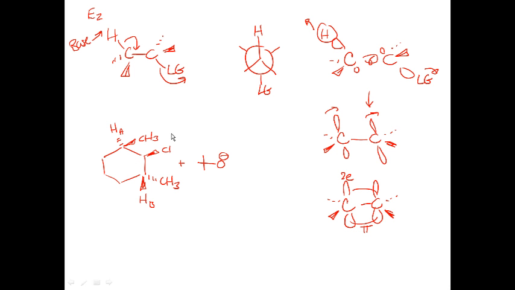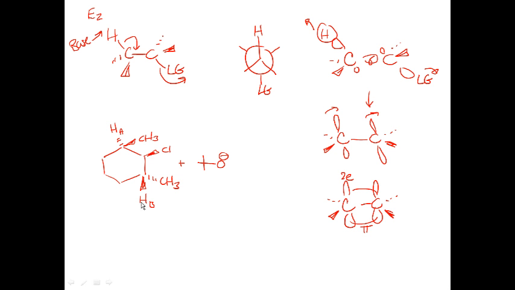It's the cyclohexane rings that are going to play an important role here in terms of the anti-periplanar geometry either being able to be formed or not. So the question is, can the tert-butoxide remove HA only, HB only, both of them, or none of them?